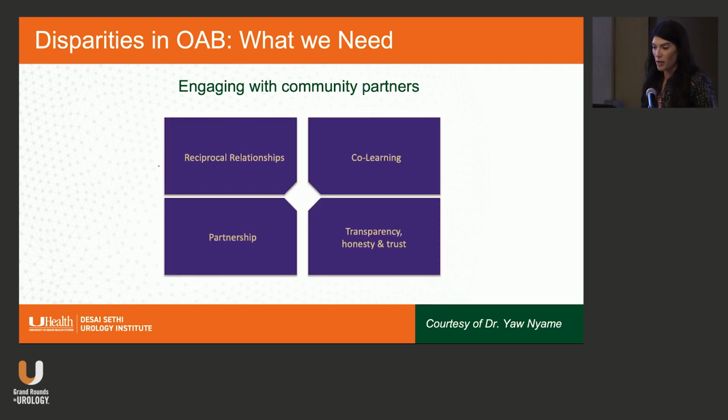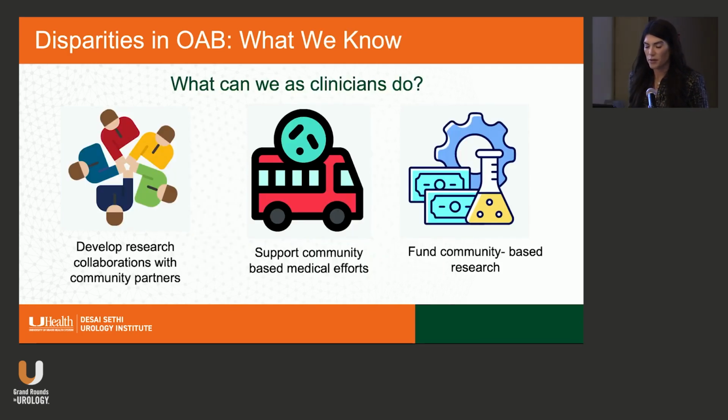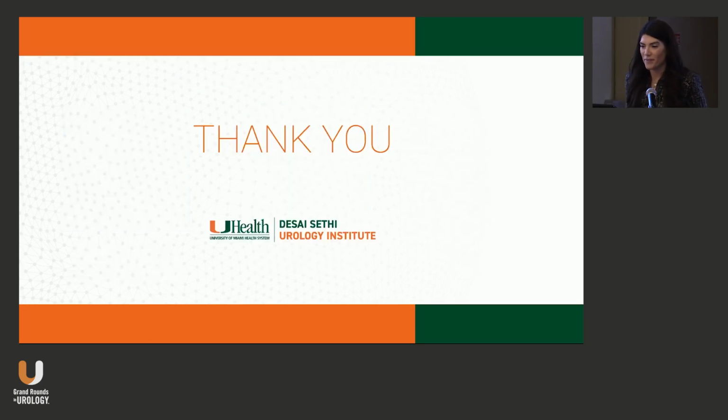These partnerships are really crucial to target these patient populations that are in need and to develop more trust with these patients, and education. So what can we do as clinicians in the audience? Just support community-based medical efforts, I think, is very important, and hopefully we can continue to fund community-based research in these areas. So thank you.